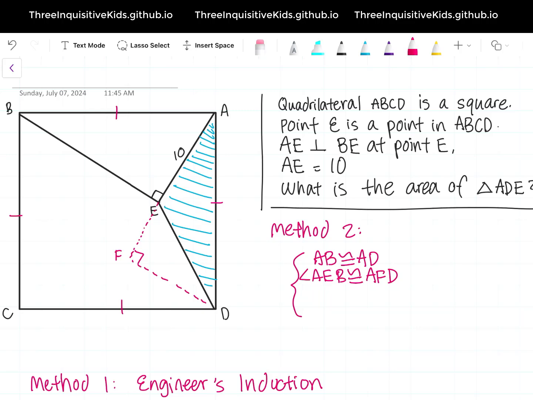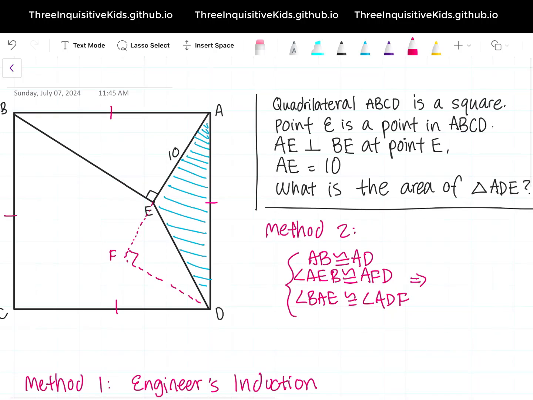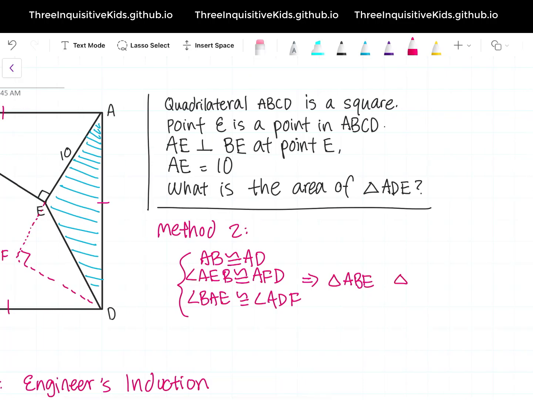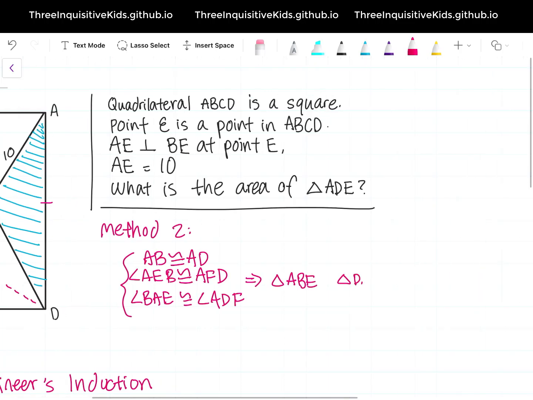Finally, we know that angles BAE and ADF are congruent, which means that the two triangles, triangle ABE and triangle DAF, are congruent triangles.